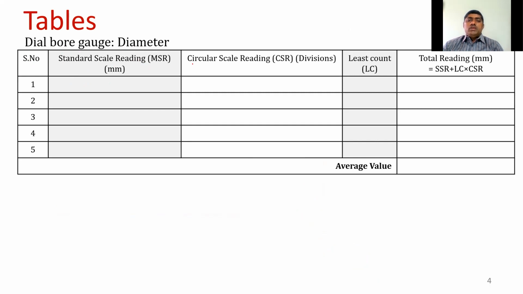The circular scale reading is the reading on the dial indicator, then the least count, and the total reading. Total reading is equal to standard scale reading plus the least count into circular scale reading. Then we take 4 to 5 readings, and then we take the average value.